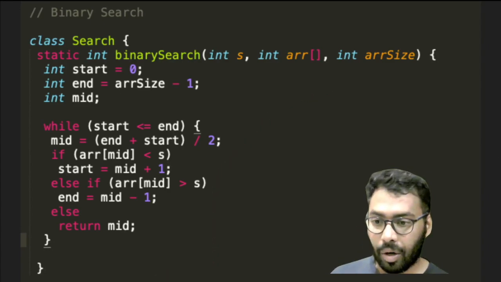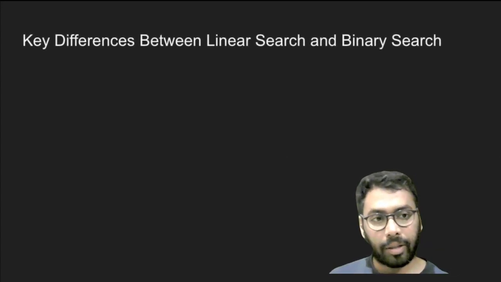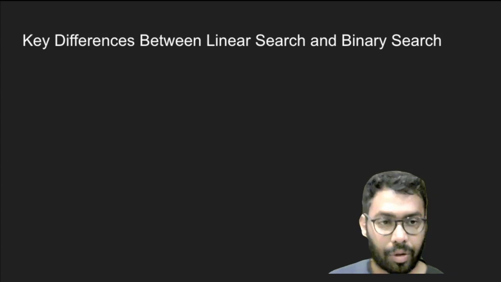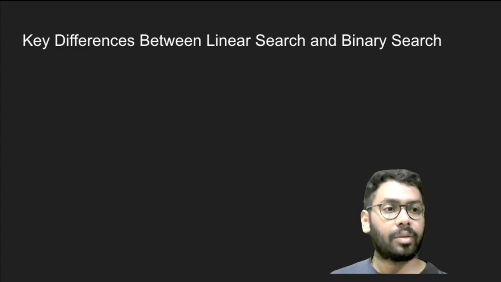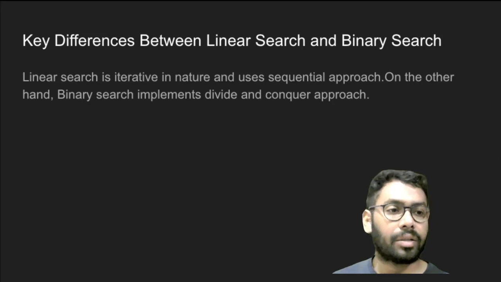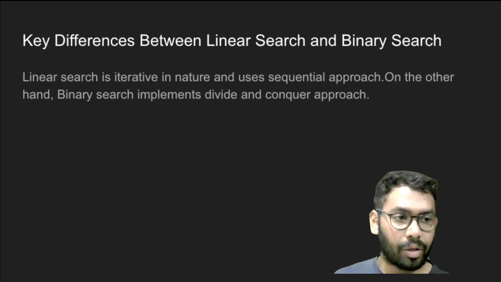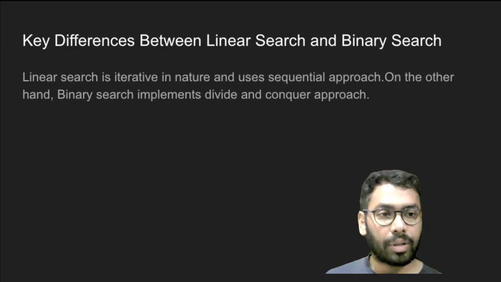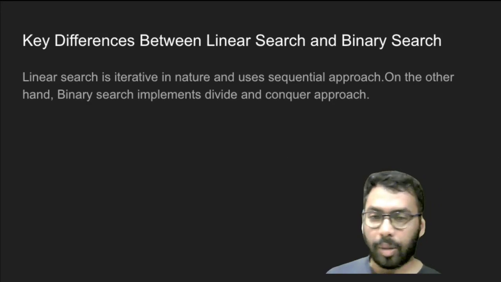All right, thanks. After looking at both the linear search and the binary search, let's just focus on some of the key differences between the linear search and the binary search. The very first thing is, linear search is iterative in nature, right? And it uses a sequential approach. On the other hand, binary search implements a divide and conquer approach.